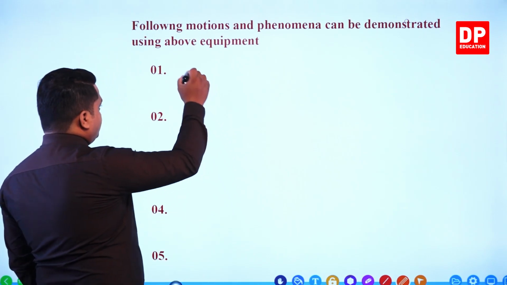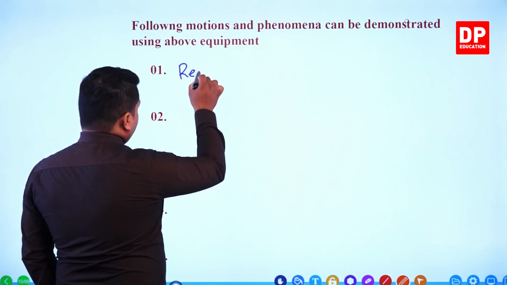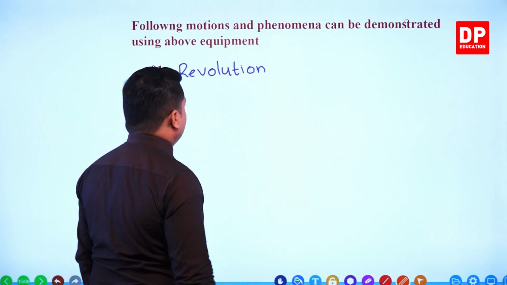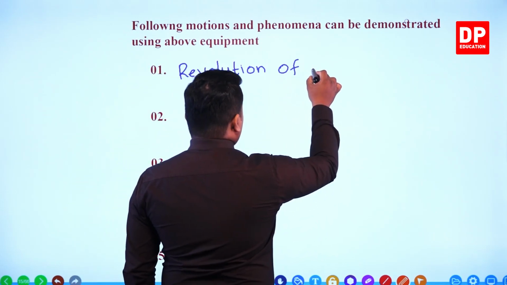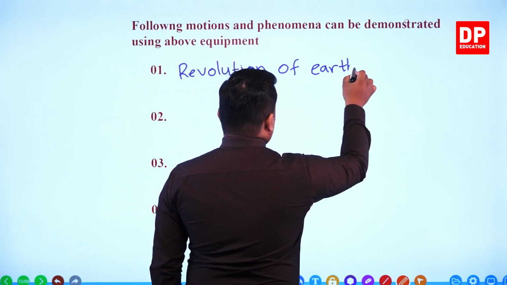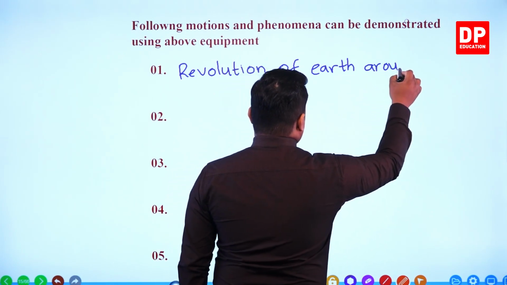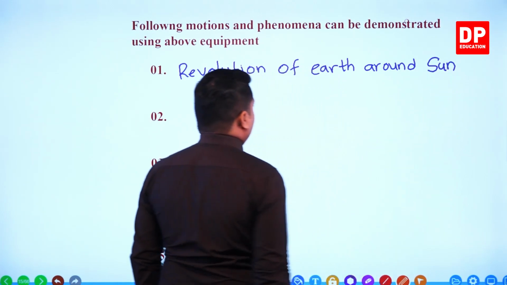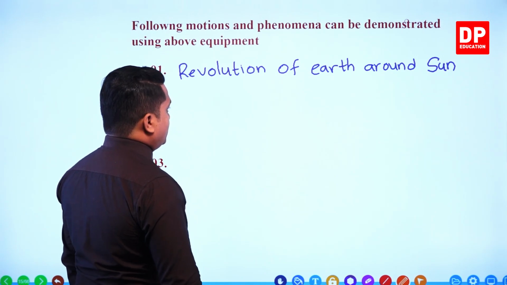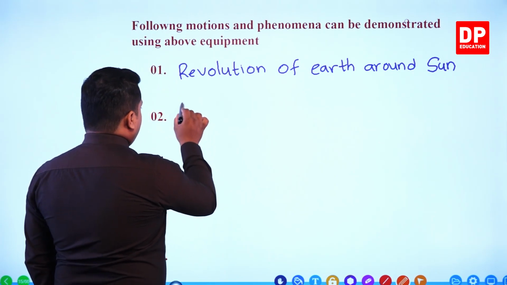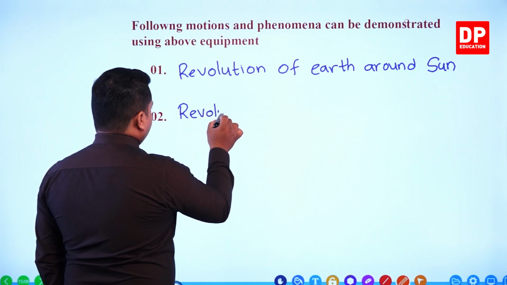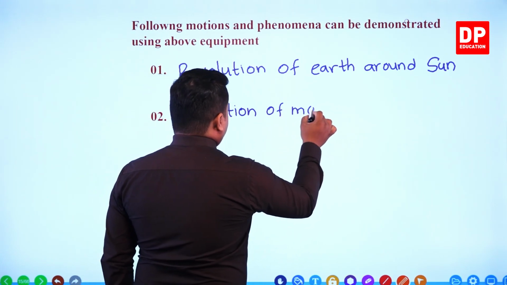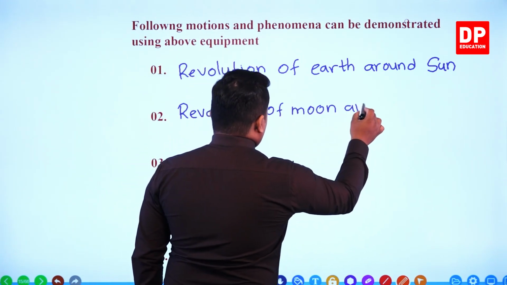Number 1, revolution of Earth around Sun, right? Revolution of Earth around Sun, then number 2, revolution of Moon around Earth.